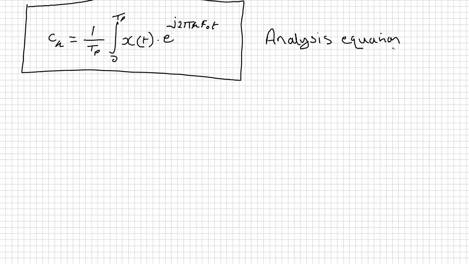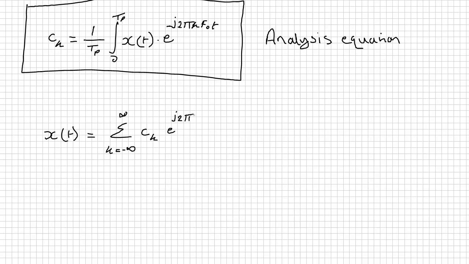for the Fourier series. The other equation was really an assertion at the beginning, which said that the analog signal, any analog periodic signal, can be represented by a set of harmonically related sinusoids which have been weighted appropriately.